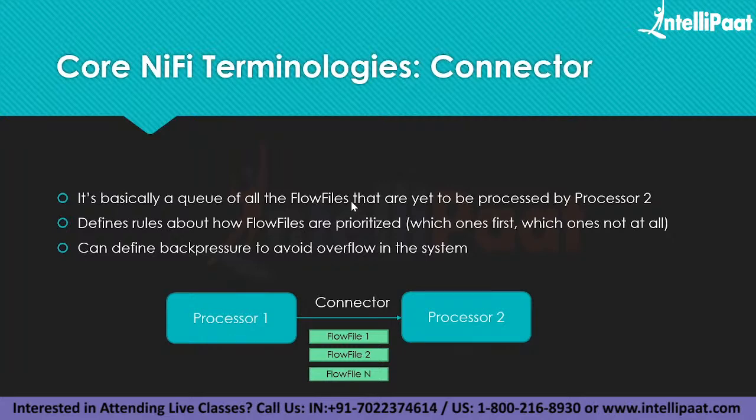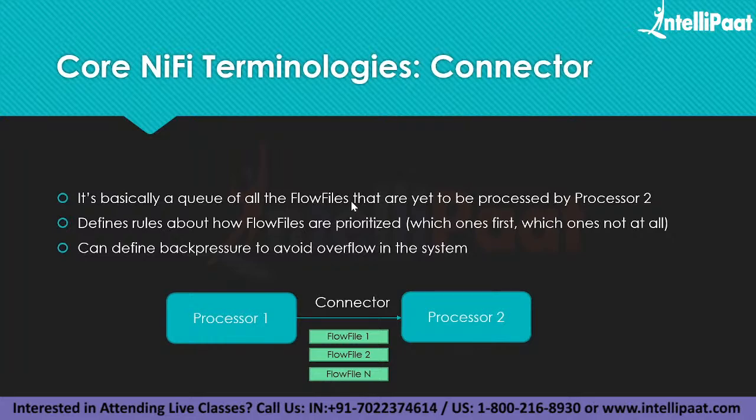Exactly the same thing internally. This is how it's been created. You've got a kind of queue between the processors, and this is how your flow files go through. From processor 1 to processor 2, the flow files go through the queues or the connections or the connectors that you have.